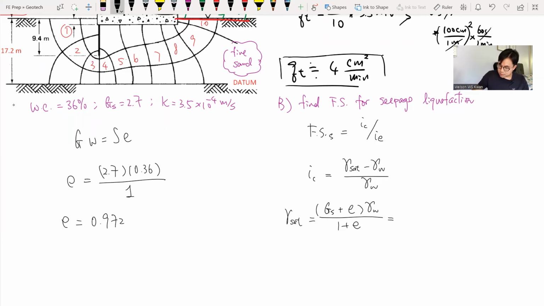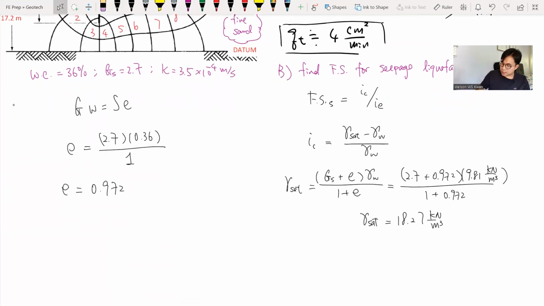So we put the information into this formula. The G sub S is 2.7 plus the void ratio 0.972, times the unit weight of water, which is 9.81 kilonewtons per meter cubed, and then divide by 1 plus the void ratio. And we find the saturated unit weight, in this case, to be 18.27 kilonewtons per meter cubed.